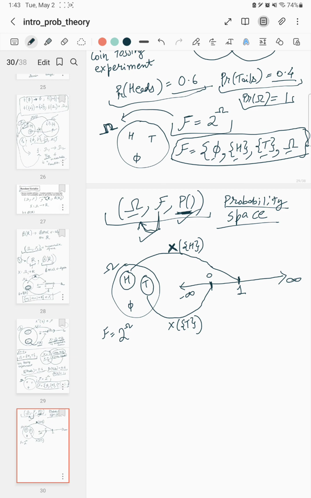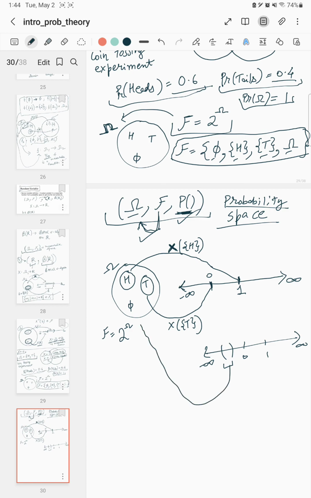Okay, now let's see if we take any Borel set present in this real number domain, would it have a valid pre-image? Let's see. So we have three cases. In the first case, let's say my Borel set is something like this, less than 0. We know that the value of X cannot be less than 0.